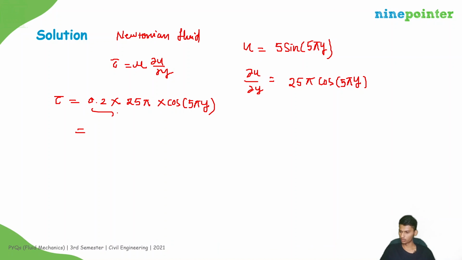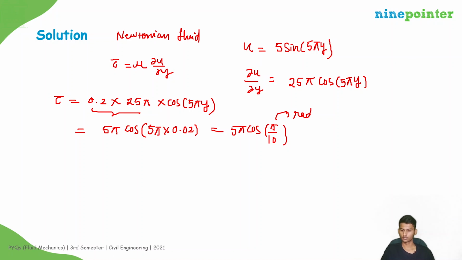So this will be 50 by 10, that is 5 pi cos of 5 pi into y, where y is 0.02 meters. So we will get 5 pi cos of pi by 10. Pi by 10 is in radians, but we need to convert it into degrees, because generally our calculators are in degrees. So this will be 18 degrees.